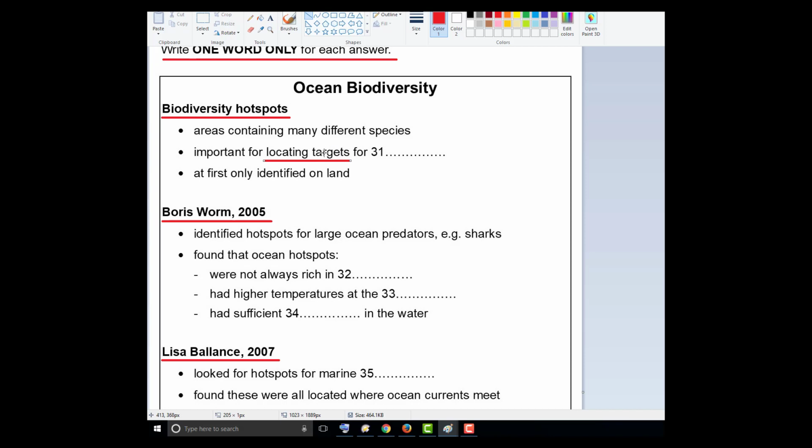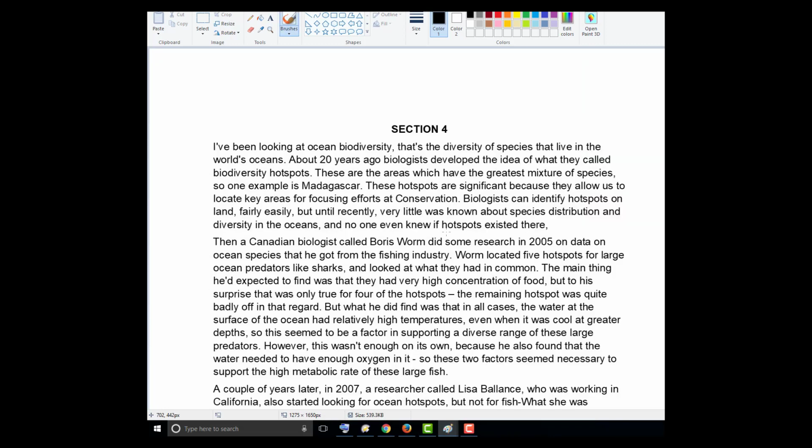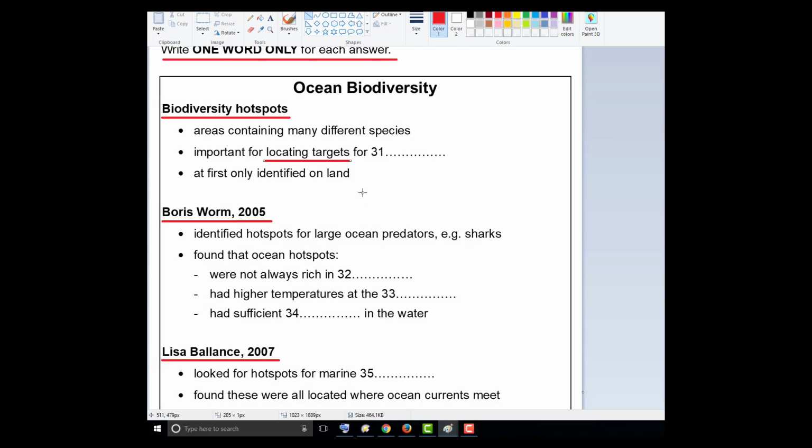Well, if we go and have a look at the script, we can actually see how this is paraphrased in the listening. Again, let's try it. Okay, so instead of target, we see here key areas. So that is the way that this word is paraphrased in the actual listening.